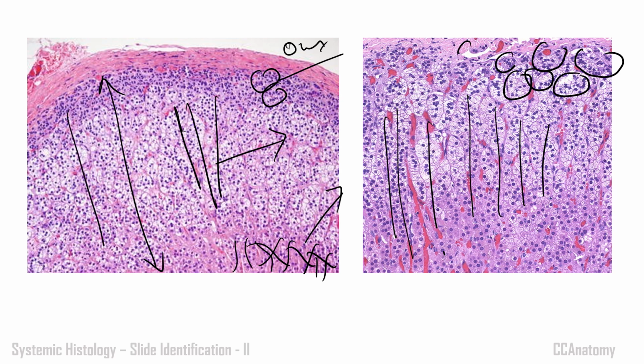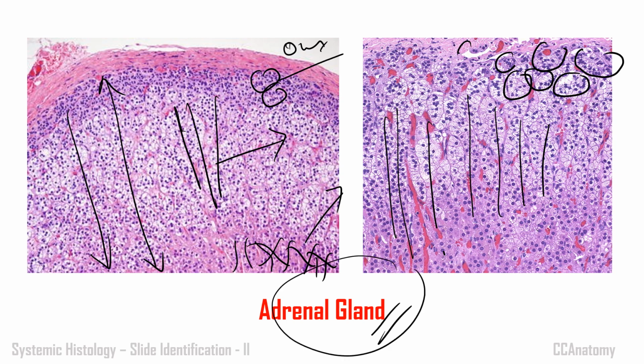This is nothing but the slide of adrenal gland. Adrenal cortex, and the medulla will be in the center. So with the arrangement of cells, you can differentiate this. Similar to the cerebrum, this adrenal gland is also a slide of exclusion. After excluding all those slides, you finalize this as the adrenal gland.